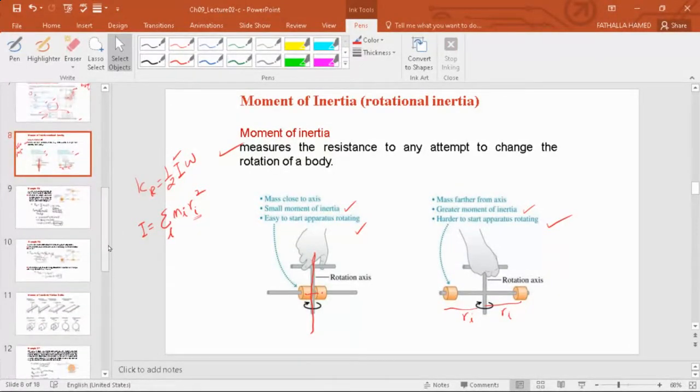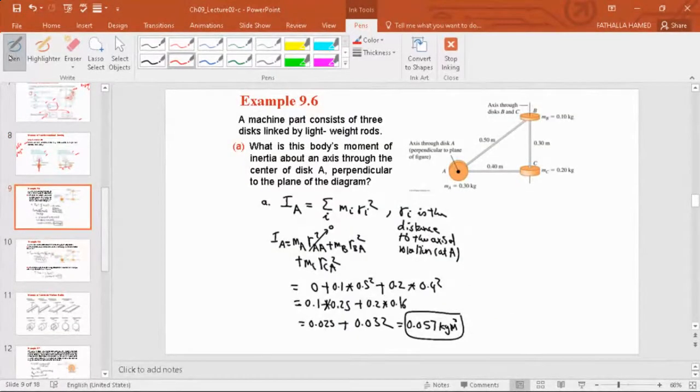So let's take an example to illustrate some of these points, and we'll start with example 9.6. A machine part consists of 3 discs linked by lightweight rods, like what we have here. We have mass A, which is 0.3 kilogram, mass B, which is 0.1, and mass C, 0.2.